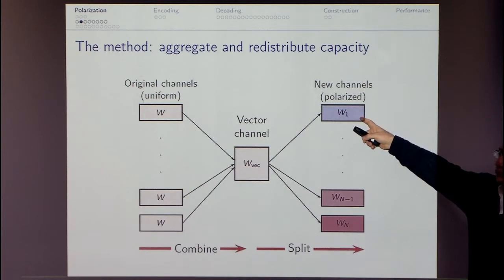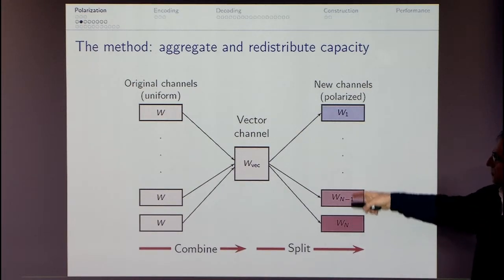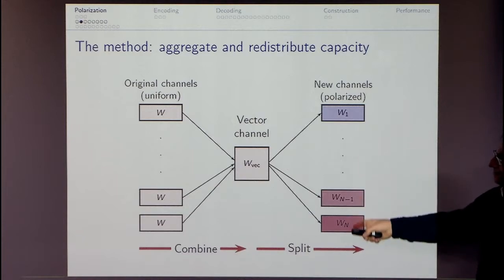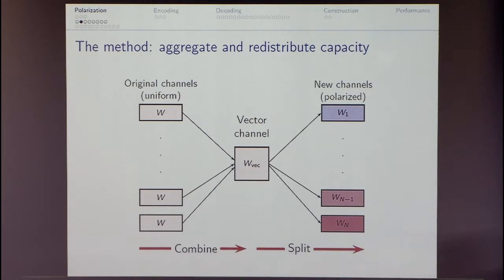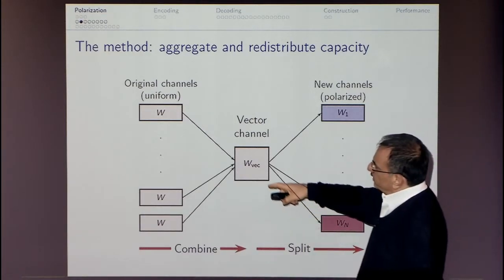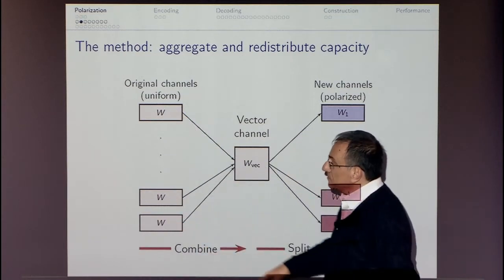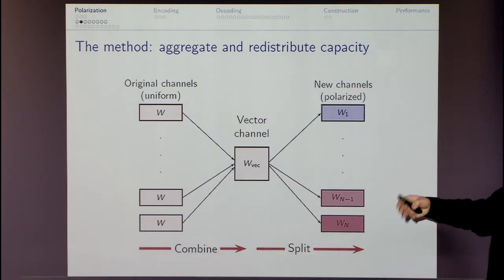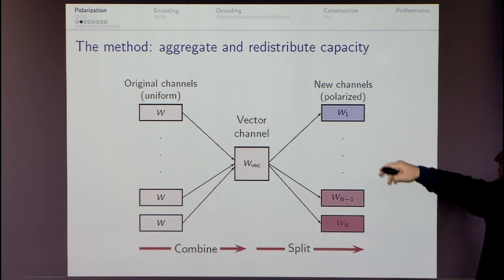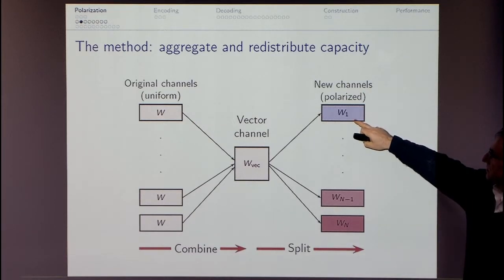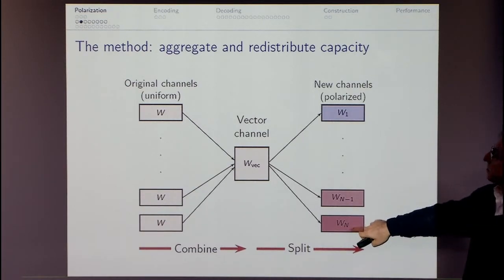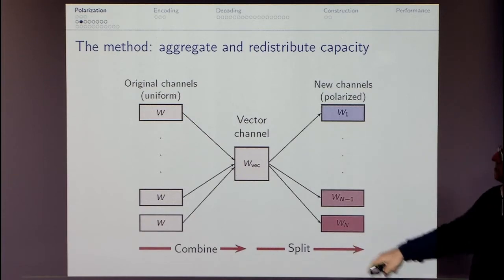Some of these are going to be near perfect, some of them are going to be near useless. That's the idea. So before we design any code for these channels, we will do the channel transformation or channel polarization, and hopefully we will obtain extreme channels on this side, and the coding problem will vanish.